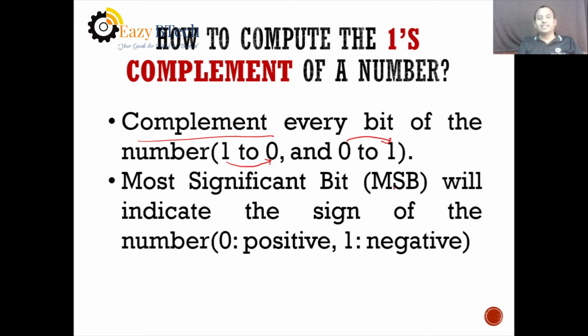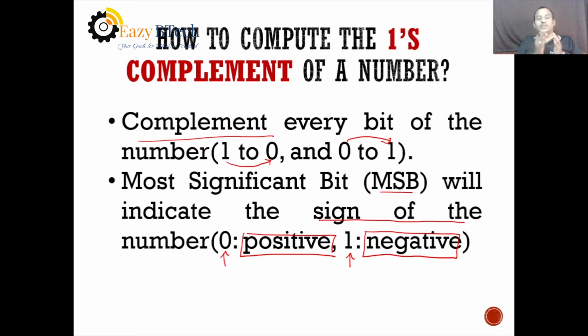Here also the MSB bit will indicate the sign of the number. The most significant bit will indicate the sign. If the MSB bit is 0, you can say that it is a positive number. If the MSB bit is 1, like in signed magnitude form, it is a negative number.